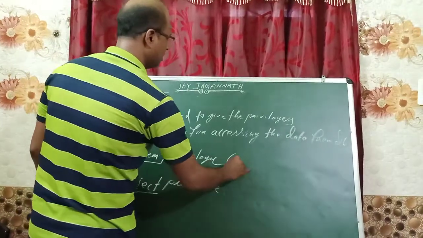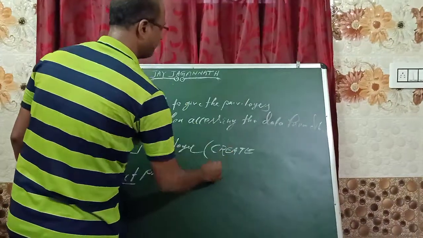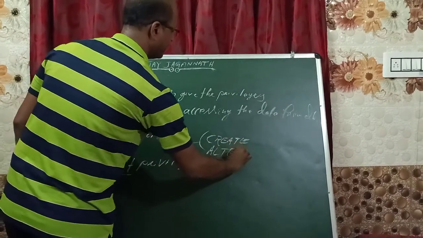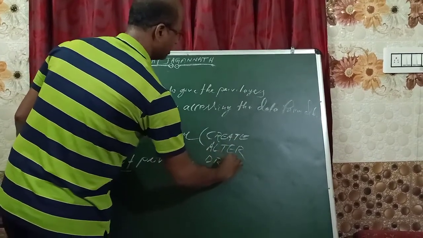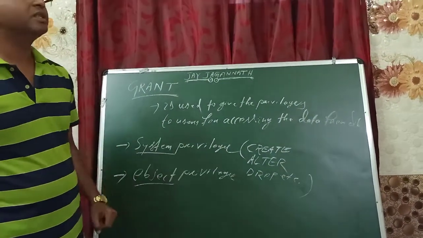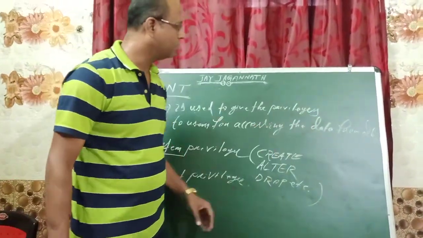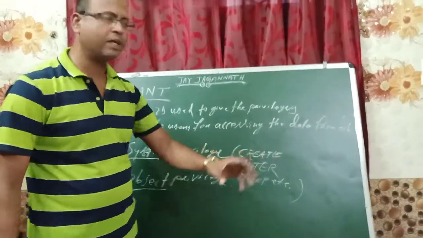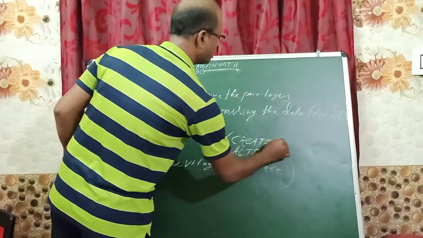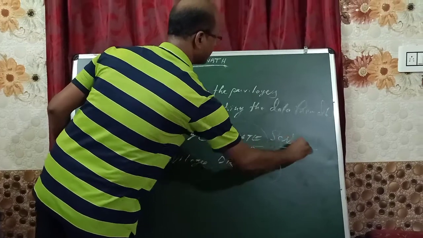DDL operation means create, alter, drop, etc. Getting this system privilege, one user can create a table, alter an existing table, or drop an existing table from the database, and also create a session.